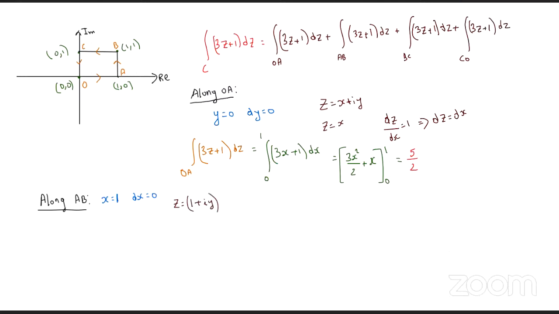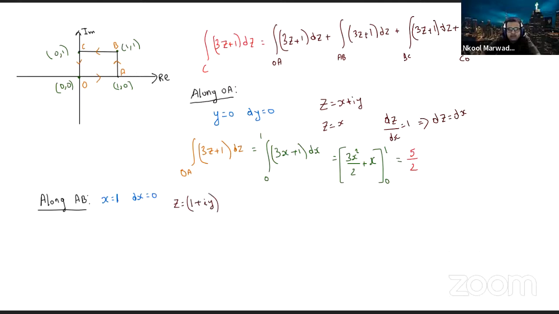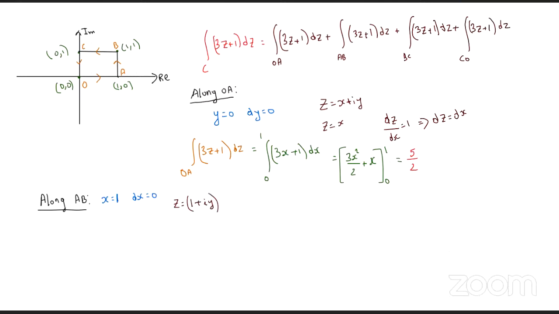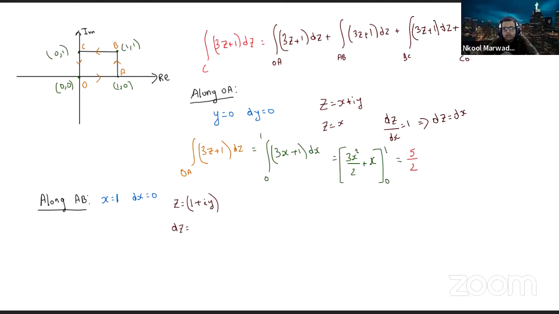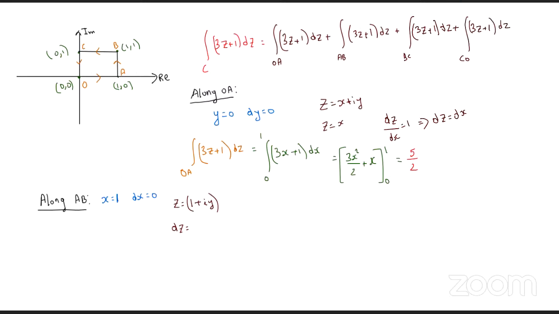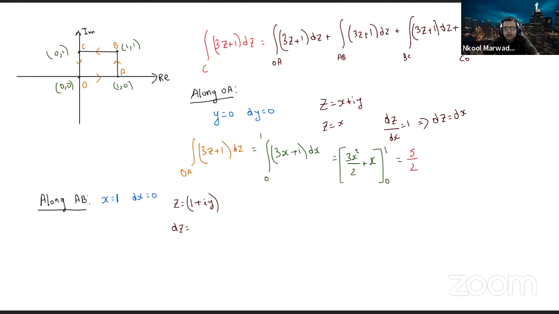And dz will be i dy. It means that if the value of y is not given, it doesn't mean that we take it as 0. See, along OA, why are we taking y equal to 0?